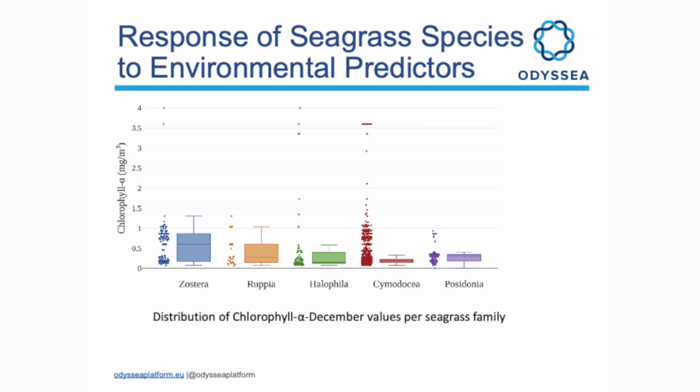For example, the influence of chlorophyll and the margins of chlorophyll levels that the different seagrass species tolerate and are the favorable conditions for these seagrass species. For example, you see here that Posidonia is a seagrass species which is considered as a bioindicator for clean, non-turbid waters. And you see that they like very narrow environmental conditions in terms of chlorophyll and very low levels of chlorophyll.